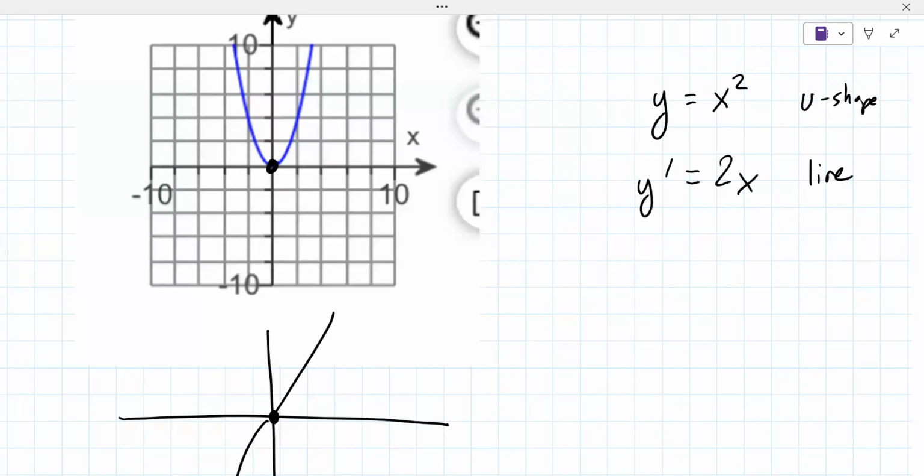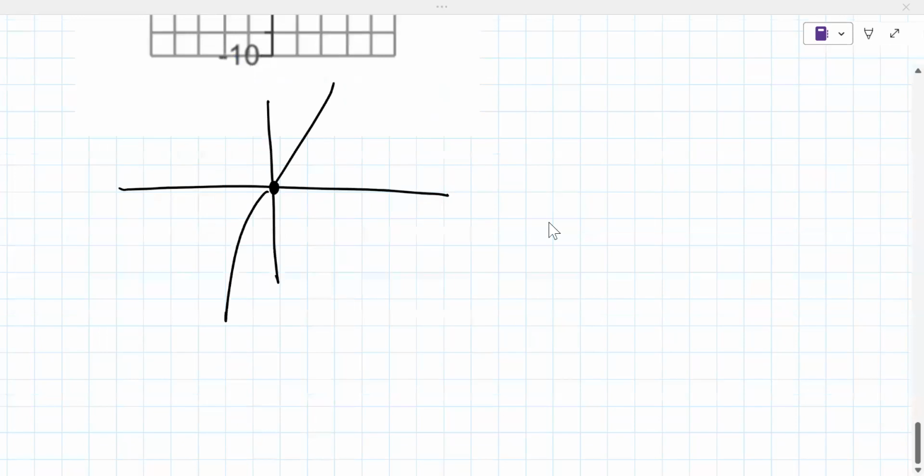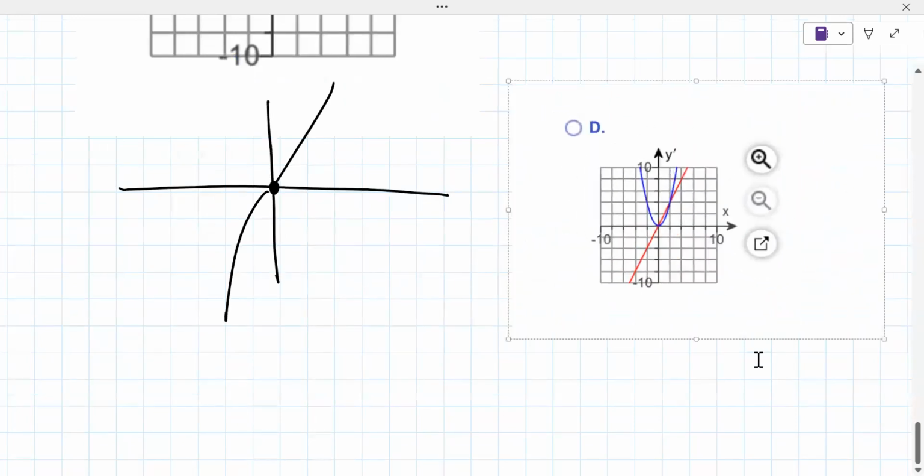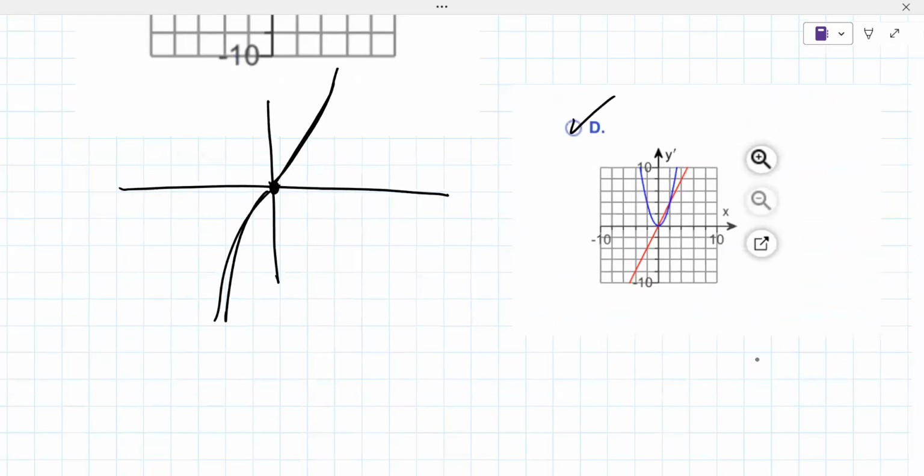This is a quadratic roughly, x squared from pre-calculus courses. So the derivative of a quadratic, which is U shape, is 2x, which is a line. And then you can match that up with the answer down here, letter D. You don't really know whether it's a line or a curve, but this is the only one that's reasonable.